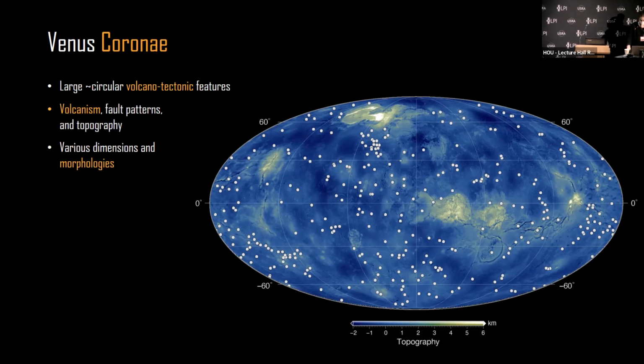These are at least 350 of these corona features. So you can see that they're really widely spread out. A lot of them occur near rift zones, but definitely not all of them. And as has been mentioned before, there are a lot of different shapes and dimensions and volcanism associated with these structures. So next slide.